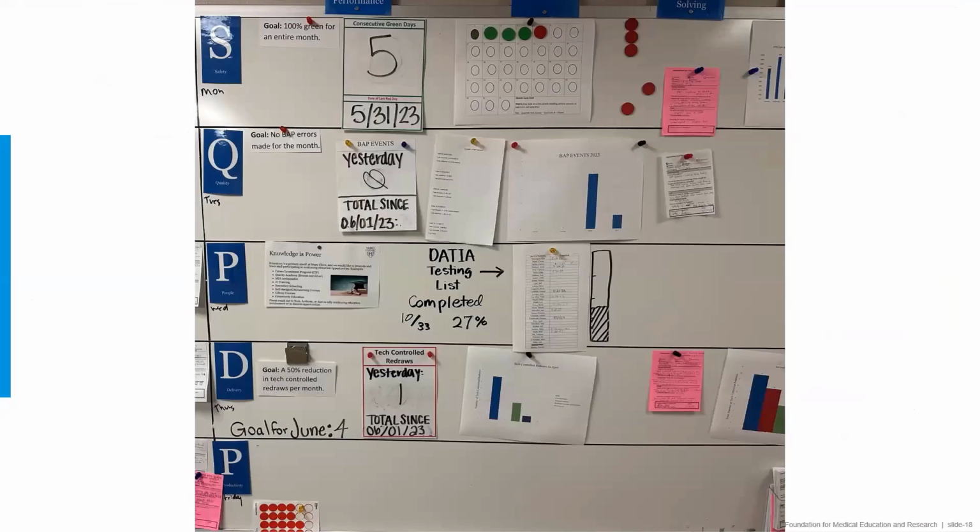For each of them, they've identified what they are tracking. They've set a goal, and then they have the daily tracking, the long-term tracking, and also some kind of problem solving. Once they've identified an issue that they are working on in the lab, they use this white sheet here.